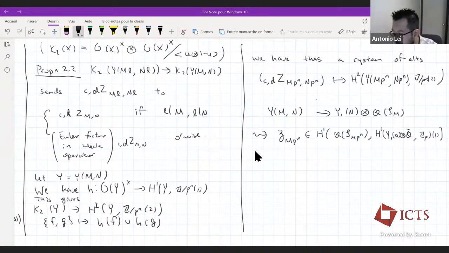And in fact, remember we are interested in defining an Euler system for an elliptic curve.